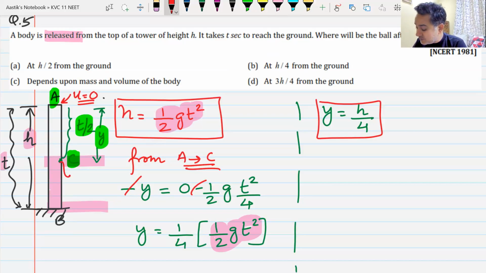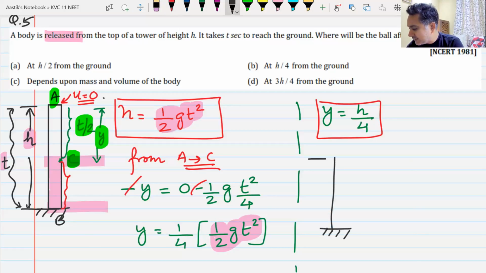This height I am talking about, my dear friends. How much is this height? Total height is h.